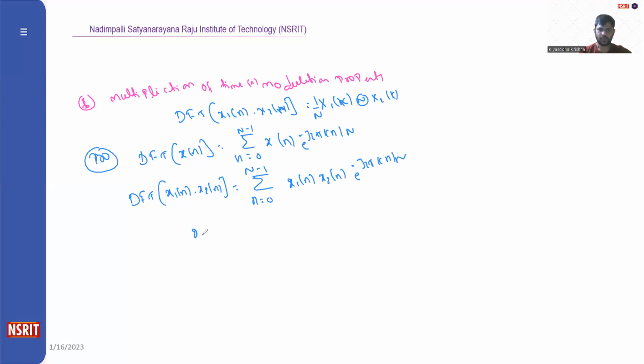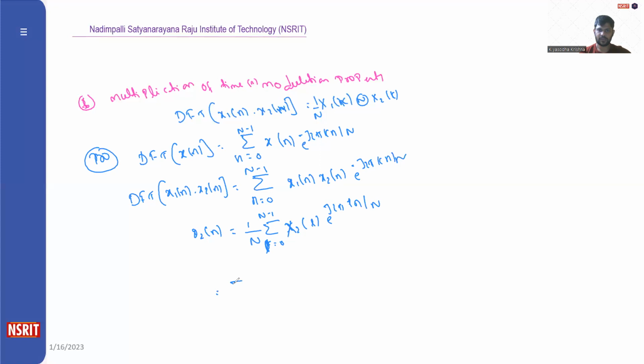Just substitute only x2, because we need it from this convolution. X2 of n is nothing but a summation. We already used k, so here I can use L, no issue. L equal to 0 to n minus 1 x2 of L e to the power of j 2 pi L n by n. Okay, it is the capital X2.